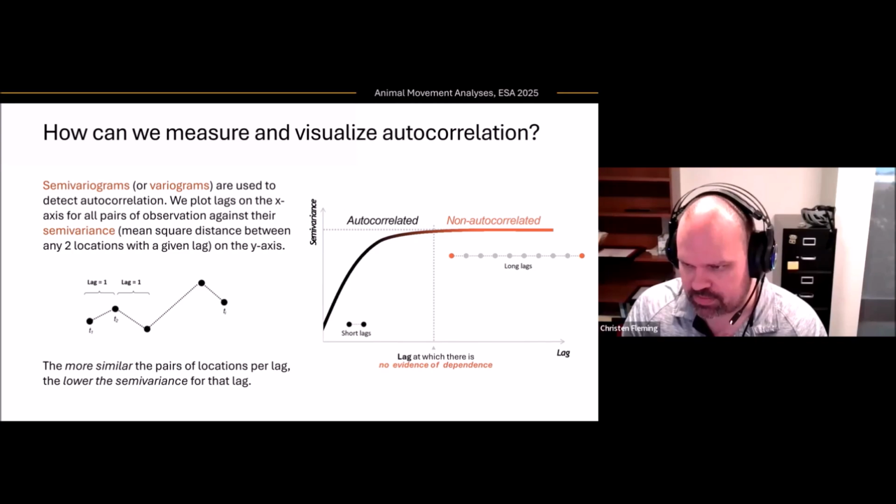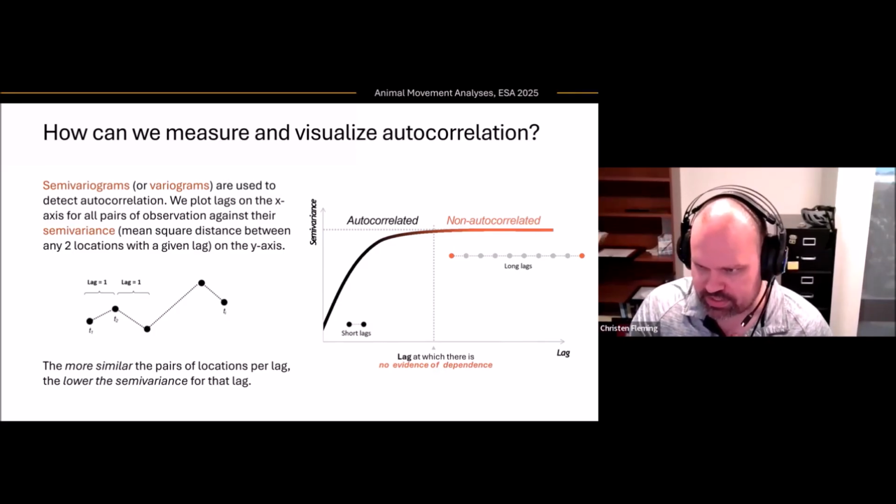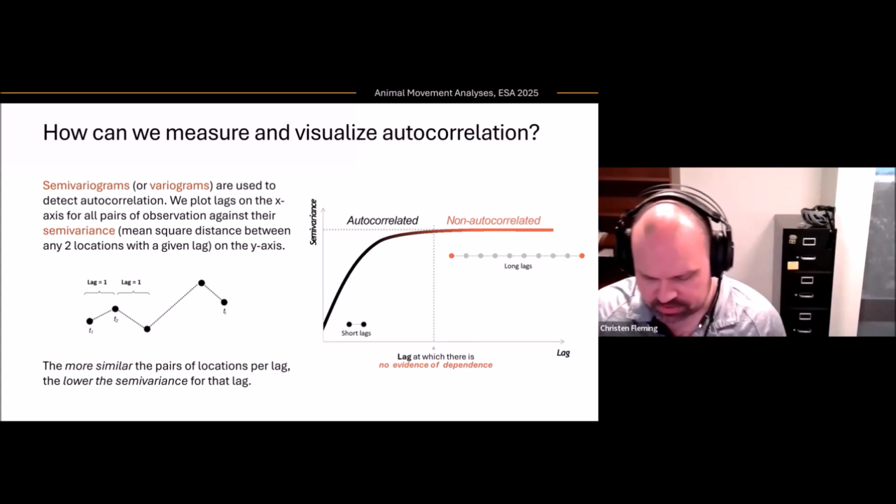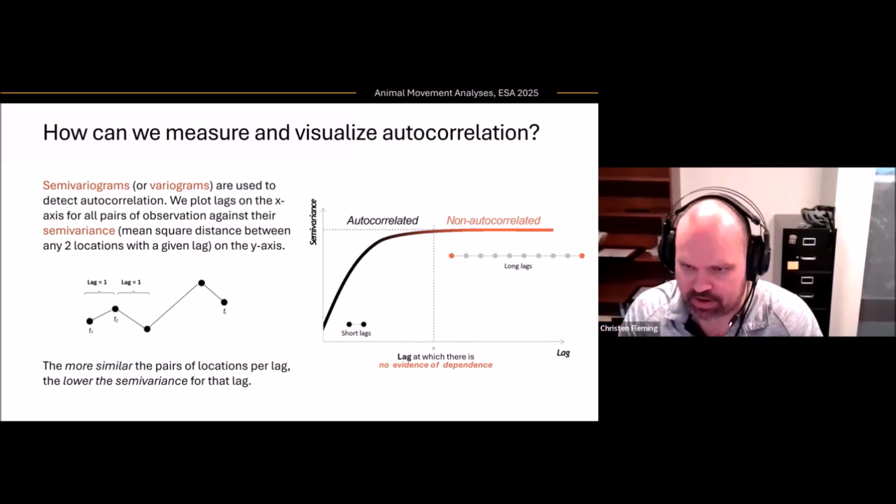way. So the better method to do that is actually the method of variograms from spatial statistics rather than the ACF function. It's basically the same thing, but it's upside down, and it starts at 0 if you don't have any location error. We'll get more into this, but the way it works is that instead of plotting correlation versus time lag, we're going to plot how far apart the locations are on average, or the square of how far apart locations are, with a certain time lag apart on average.